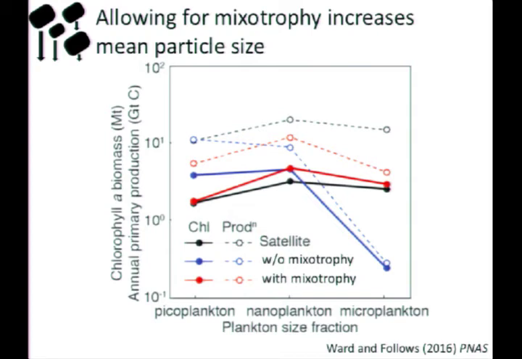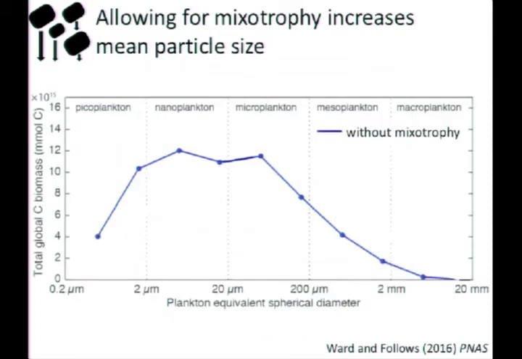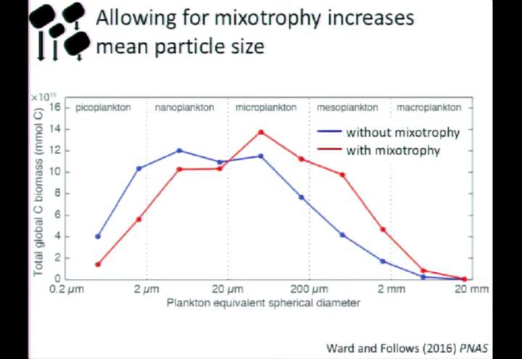Not only are they improving our estimations in the microplankton size class, but the models are now also predicting overall an increase in planktonic size across a wide range of classes. So if again we look at spherical diameter on the log scale here on the x-axis, and then abundance in terms of carbon on the y-axis, if you compare the model in blue without mixotrophy to the one in red with mixotrophy, you can see that now we're looking at a surface ocean that's populated with cells that are in general larger in size.